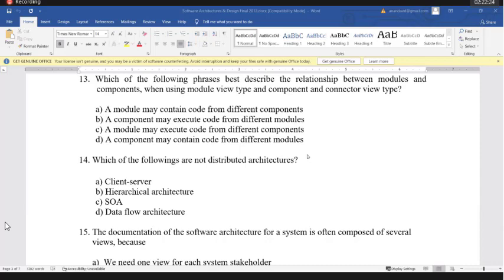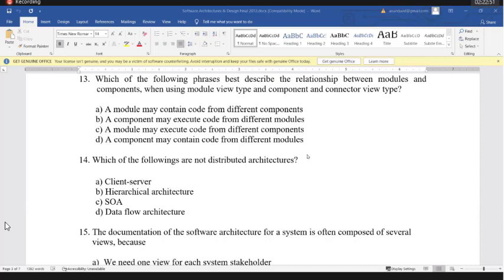The main feature of distributed architecture is that nodes are distributed geographically, and also across time zones. So nodes are distributed geographically mainly.